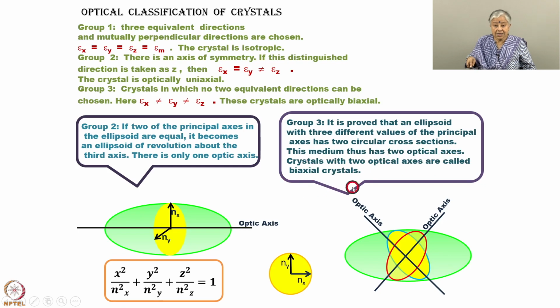So, under this third category, where nx is not equal to ny is not equal to nz, you have this kind of circular piece. You can find 2 circles within that same ellipsoid, and those perpendicular to it are the optic axes.